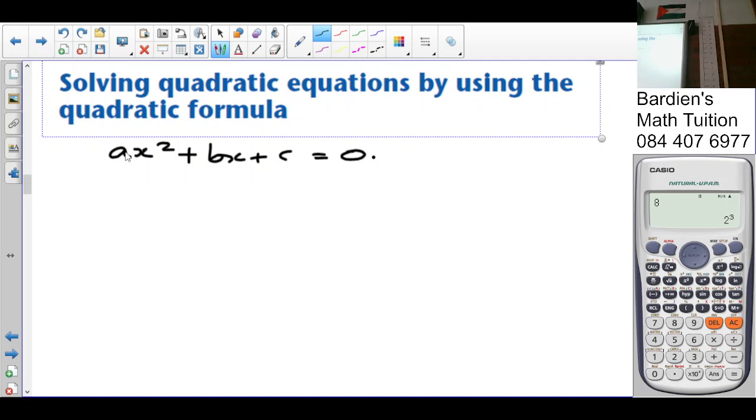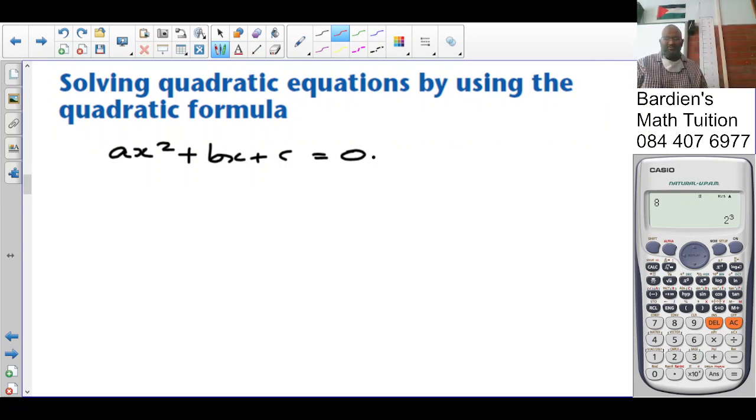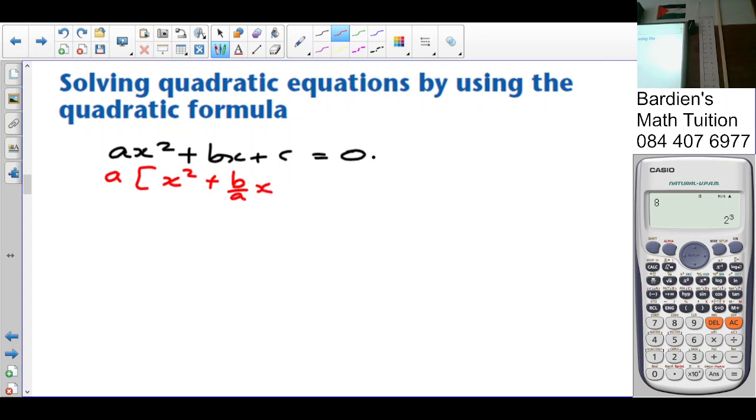Alright, so what do we do first in completing the square? We take out a as a common factor. So we take out a, what are we left with? x squared plus b over a x plus c over a equals 0. You all agree with that?